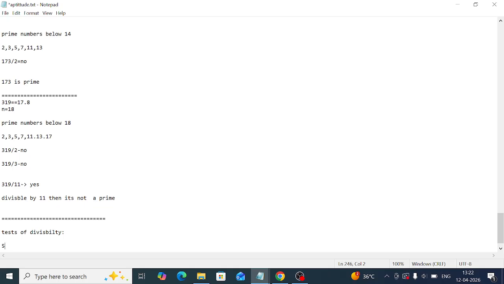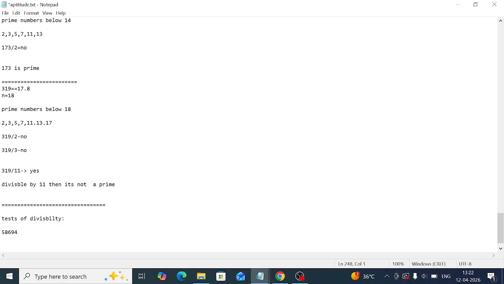If a number is divisible by 2, its unit digit is any of 0, 2, 4, 6, 8.